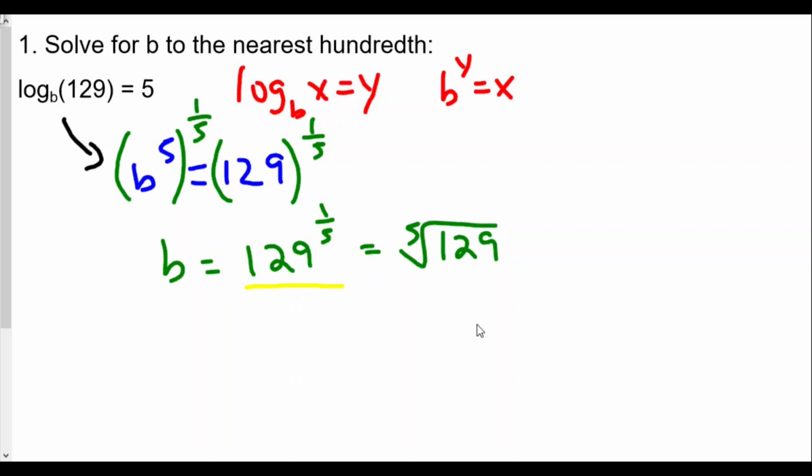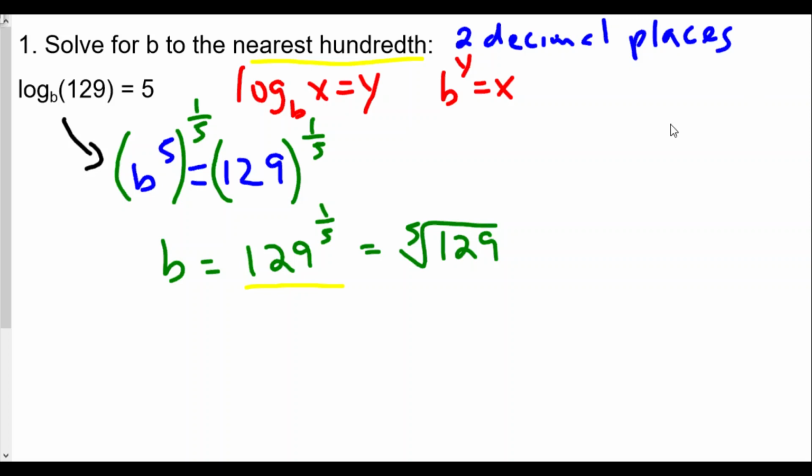Nearest hundredth really means 2 decimal places. Nearest tenth is 1 decimal place, nearest hundredth is 2 decimal places, and nearest thousandth is 3 decimal places.